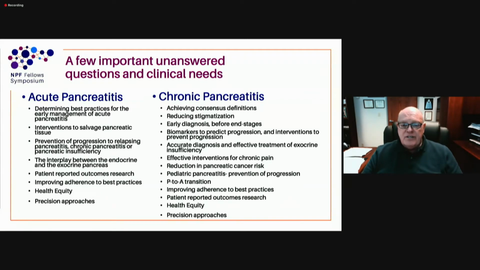Better diagnosis, more effective interventions, particularly opioid-sparing interventions for chronic pain. And in the pediatric world, prevention of progression, and if you can't prevent it, transitioning patients to adult life, important clinical needs. And then again, the ones I mentioned for acute pancreatitis in terms of patient-reported outcomes, better adherence to best practices, equity, and precision approaches. Next slide.